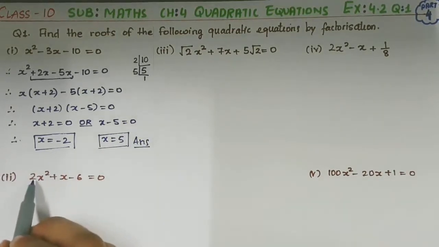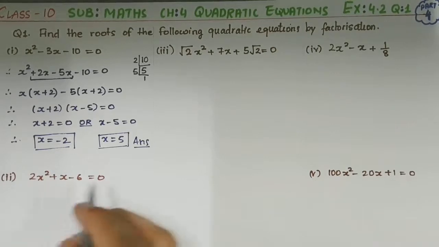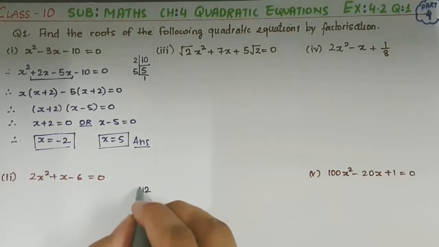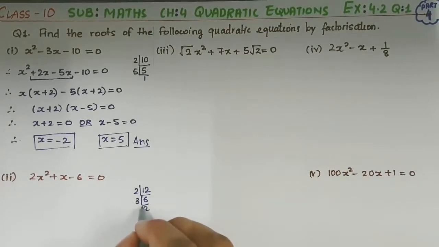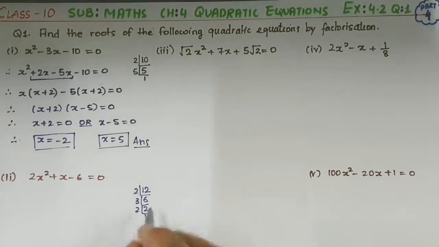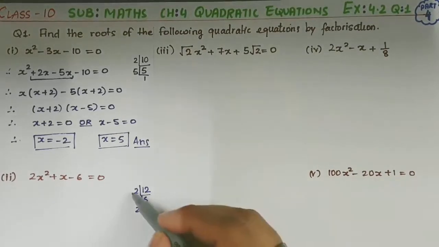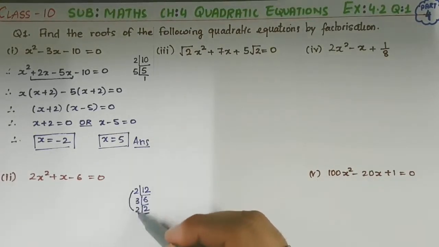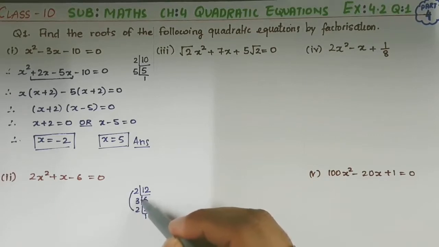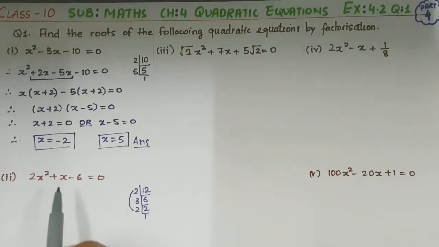As you can see over here, this is 2 and 6, so 6 2s are 12. Okay, we need to find a combination, so we can take 2 and 2 together. 2 2s are 4, 4 minus 3 will be 1, and that is what we want.